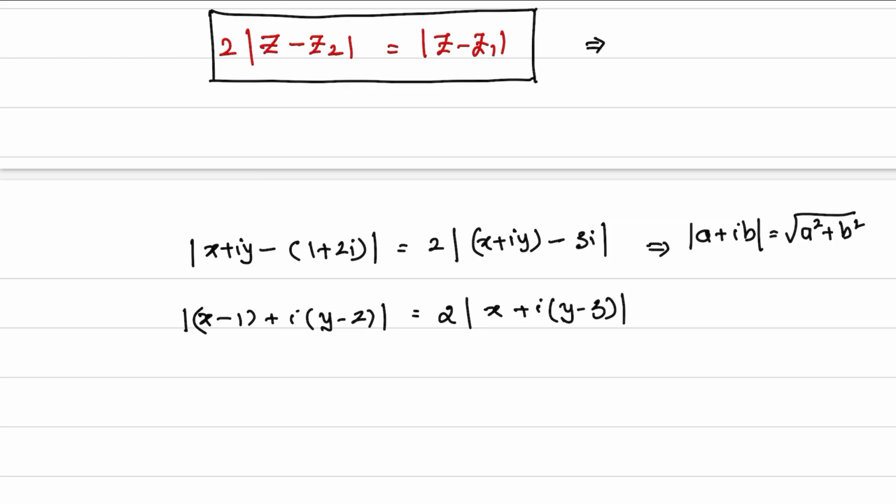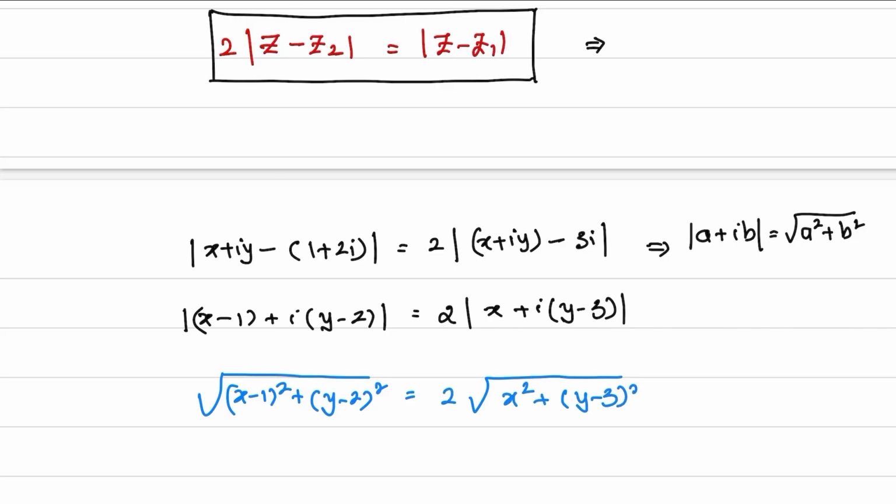Then the modulus of x minus 1 plus i into y minus 2 will be the square root of x minus 1 whole square plus y minus 2 whole square, which is equal to 2 into the square root of x square plus y minus 3 whole square.